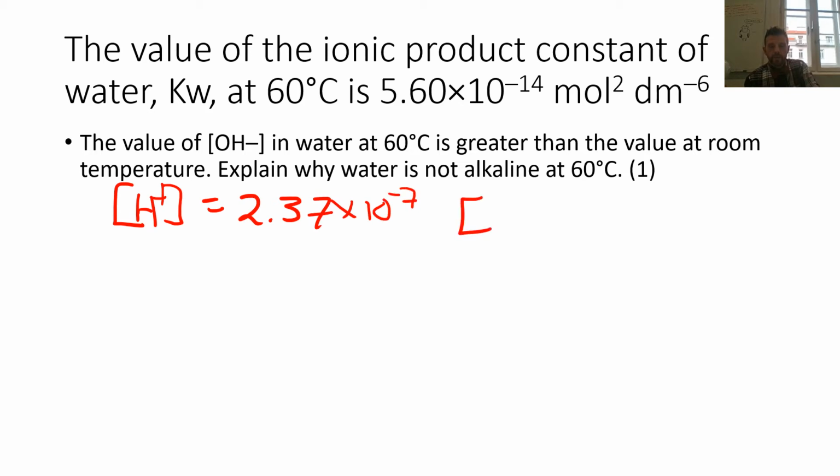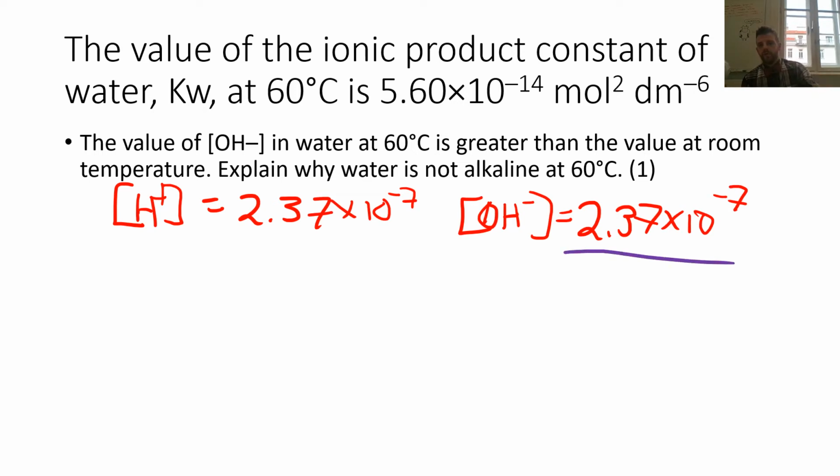And then you also know that the concentration of OH minus is equal to 2.37 times 10 to the negative 7. So they're hinting at this. If you did the pOH, it's going to be not 7.